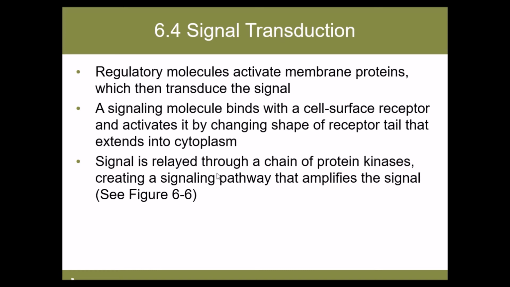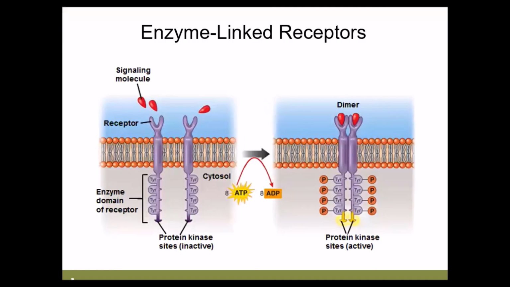There's a figure 6.6 in your textbook. I don't have a copy of that one on the slideshow here, but I do want to show you something similar to that. It essentially creates a signaling pathway that helps to increase or amplify that signal inside of the cell. What we're dealing with here, first of all, is that type of enzyme-linked receptor.